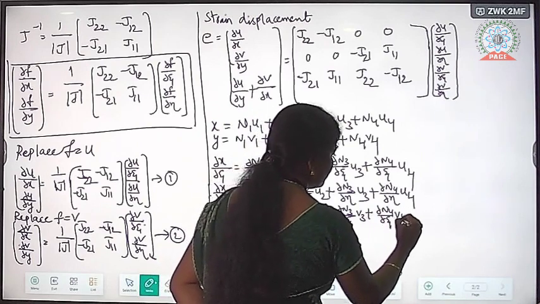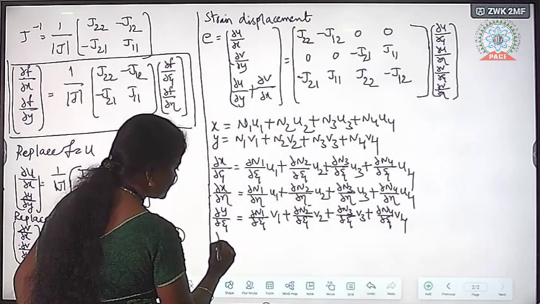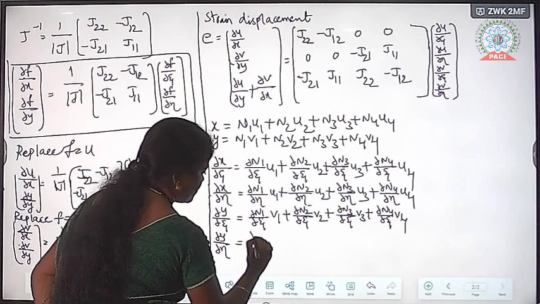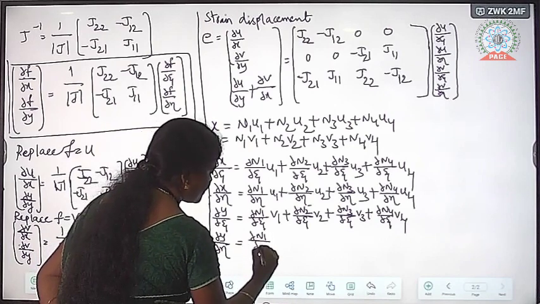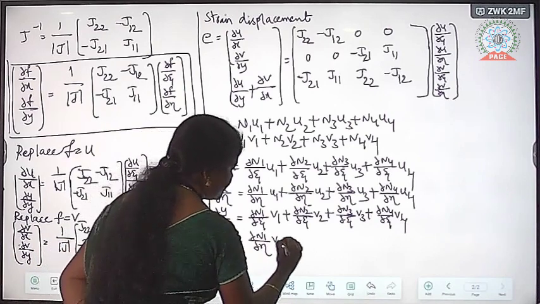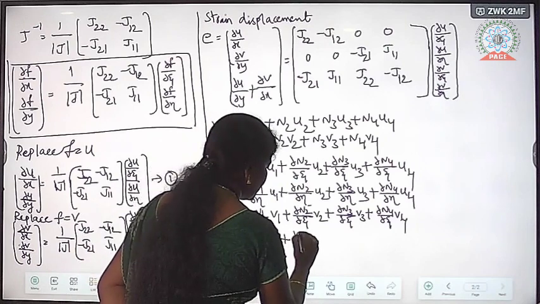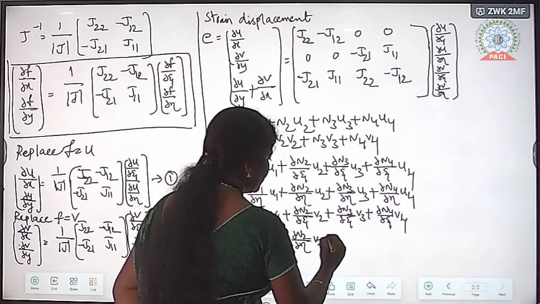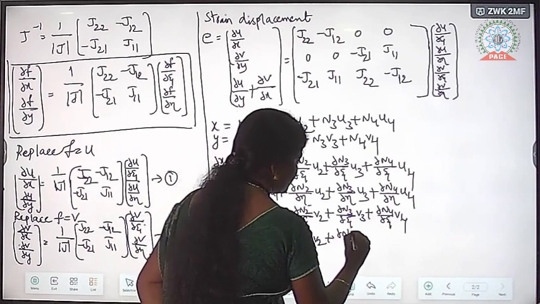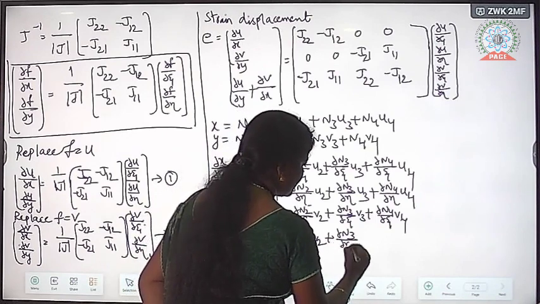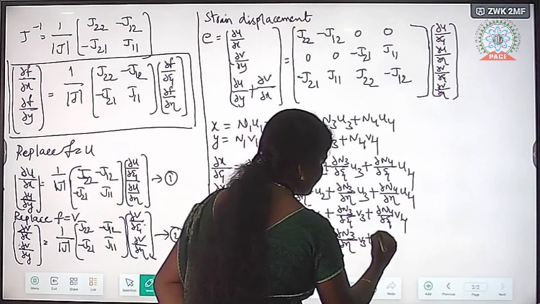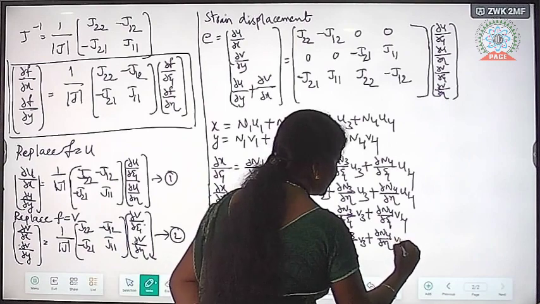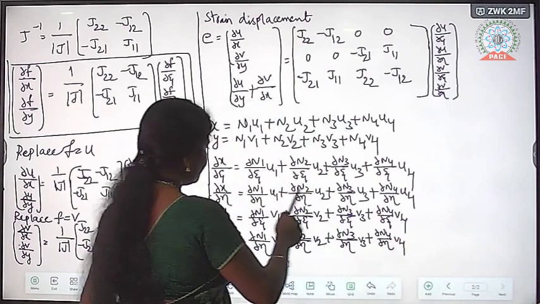Similarly, for the eta parameter, dou N1 by dou eta into v1 plus dou N2 by dou eta into v2 plus dou N3 by dou eta into v3 plus dou N4 by dou eta into v4. These are the 4 equations related to the x and y displacement axes.